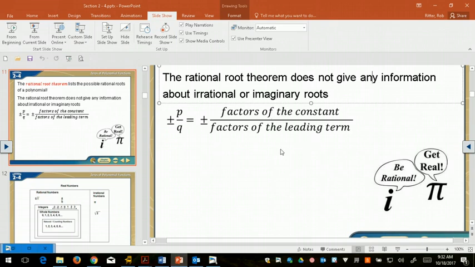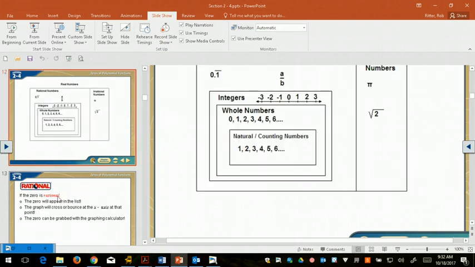This is only going to give you rational zeros, a list of possible rational zeros. So any that are complex, involving i, or that are irrational, you're not going to be able to find.